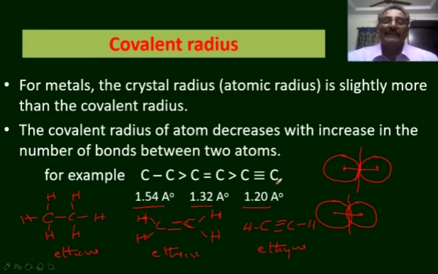In this way, the atomic radius of carbon is not the same in all the compounds of carbon. It depends upon the nature of the bond by which the atom is associated, and it also depends upon the number of neighboring atoms.